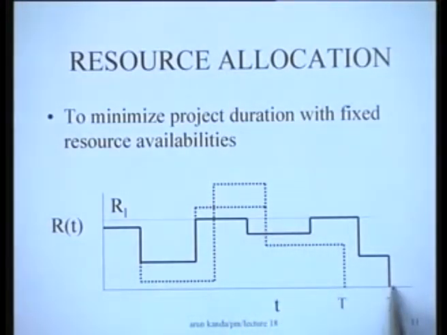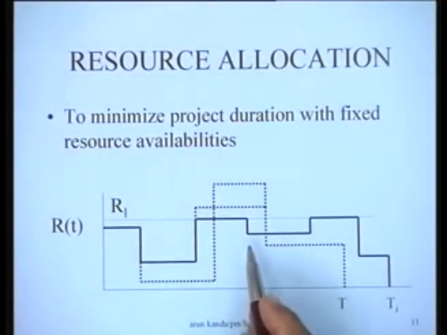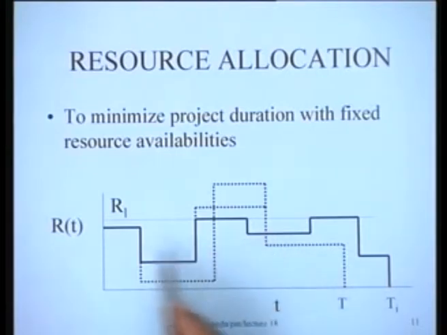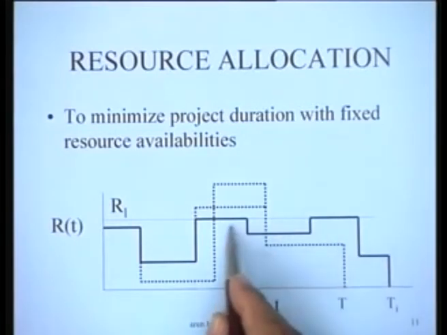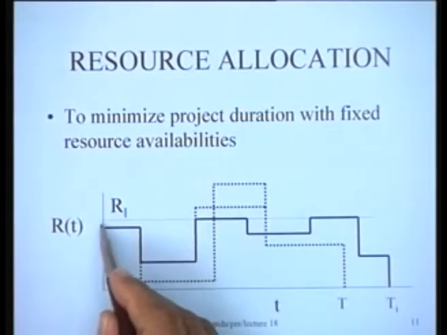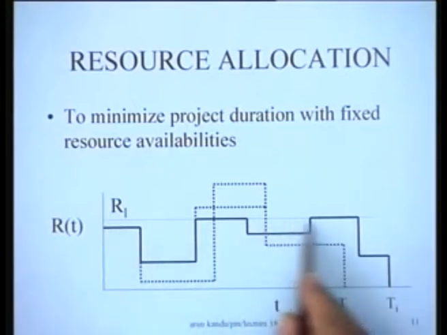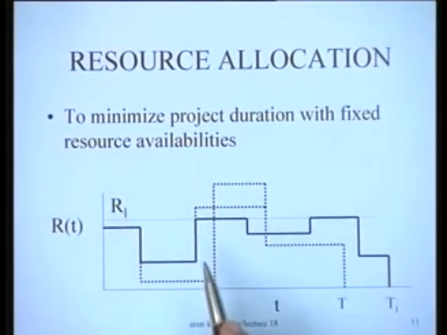That's significant. So what we try to do is reschedule jobs in such a manner that the resource profile is such that all the peak resource requirements are falling within our limited resource availability.